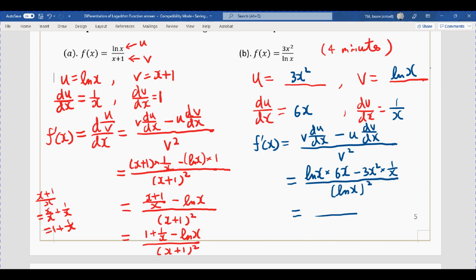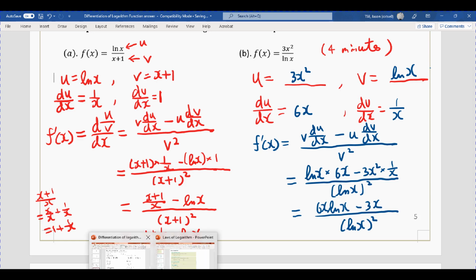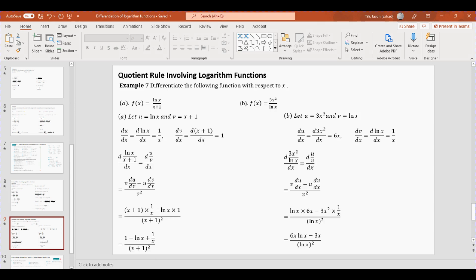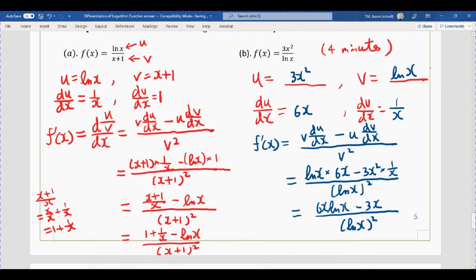Okay, and you can do some simplifications. That 6, you move to the front of log x, which is the proper way to write those things. 3x squared times 1 over x, you cancel one x, so there's still 3x left. So that's minus 3x. Let's check with the answer. Yeah, they look good.